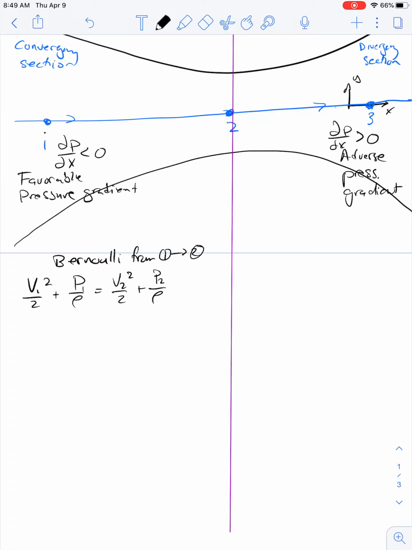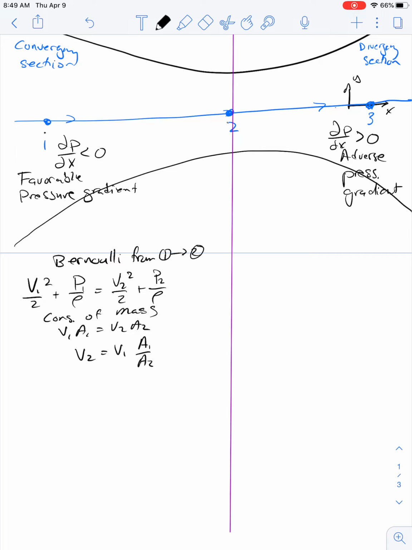And we also have conservation of mass, and that's V1A1 equals V2A2. From conservation of mass, we can see that V2 is going to be equal to V1 times A1 over A2.